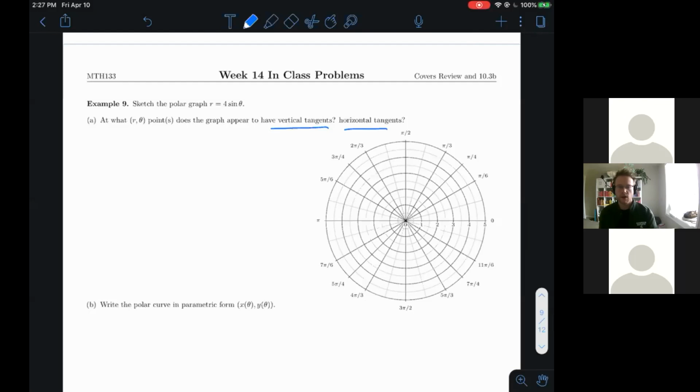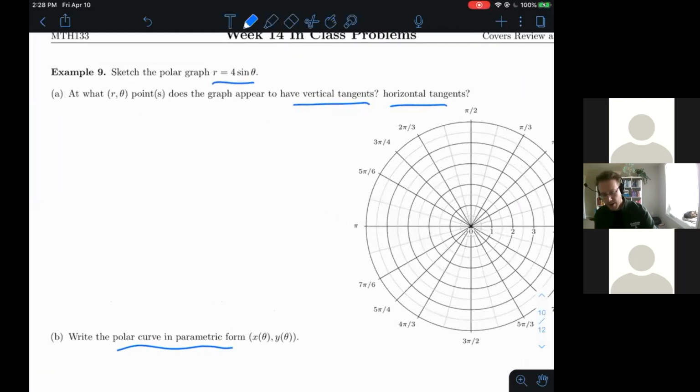I'd like to sketch this and figure out where it appears to have vertical tangents, where it appears to have horizontal tangents, and then we're going to use the formulas that we developed in the videos to verify with our calculus that it's more than just, it looks like there's a horizontal or vertical tangent there, but there actually is one. So let's go ahead. You may remember, we just did this.